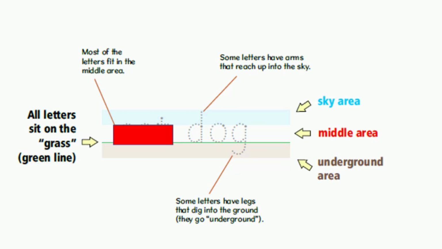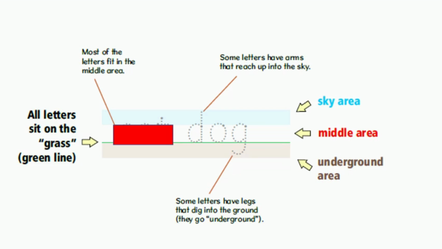As I've said earlier, all the letters in English sit on the grass line or the green line. Some letters have arms that reach up into the sky. Can you see D here? Yes, here the stick reaches up to the skyline.